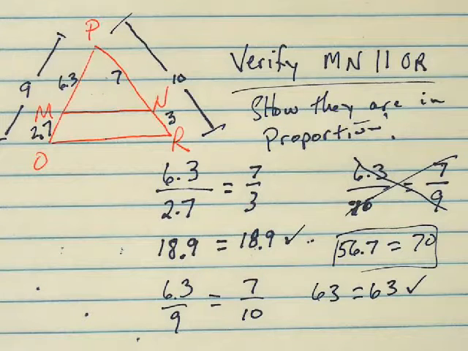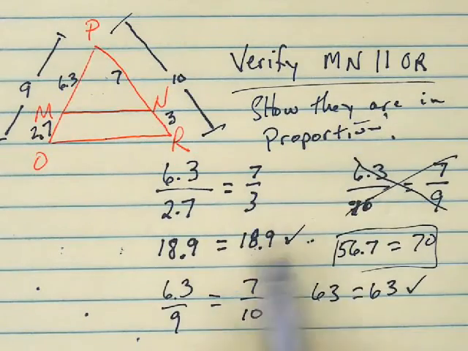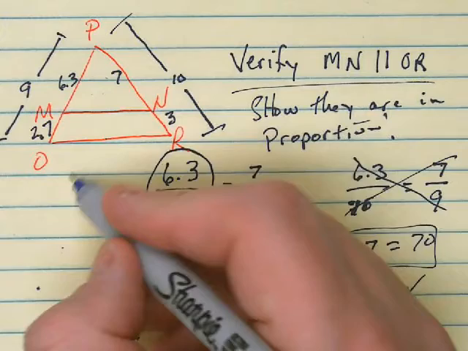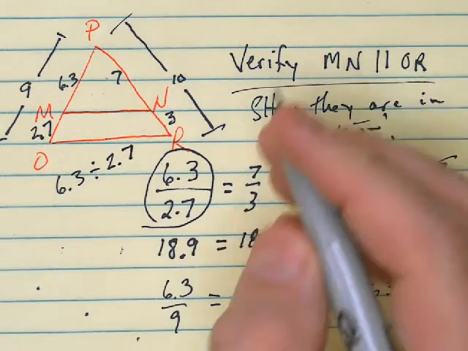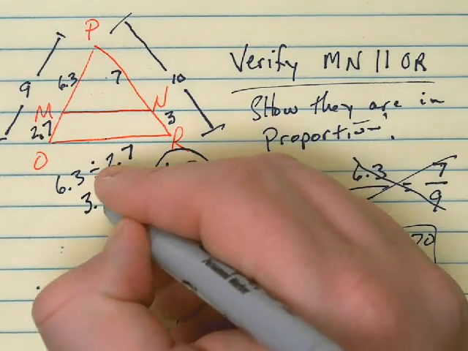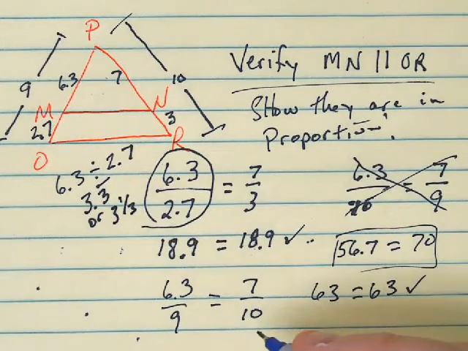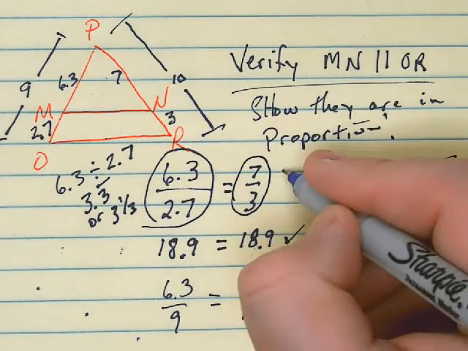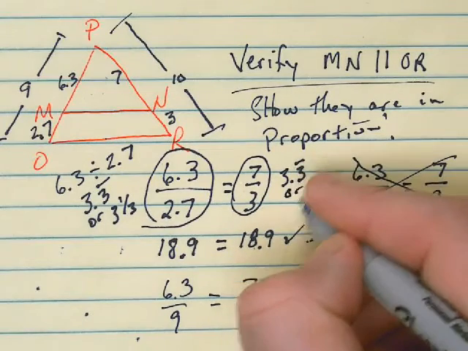One last thing to set up the proportion. We can show that they're equal ratios. What's that mean? Take 6.3 on your calculator and divide it by 2.7. What do you get? 3.3 repeating, or 3 1/3. What's 7 divided by 3? 3.3 repeating, or 3 1/3.